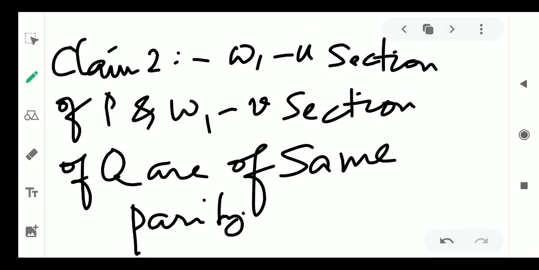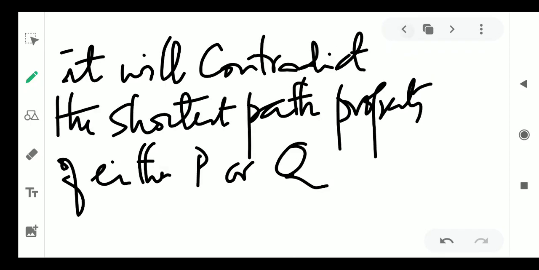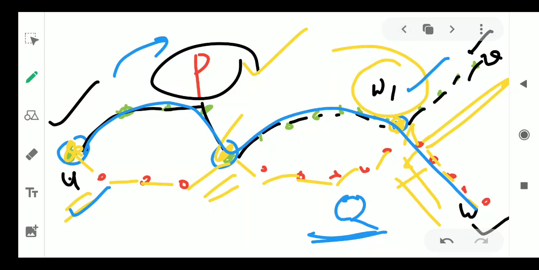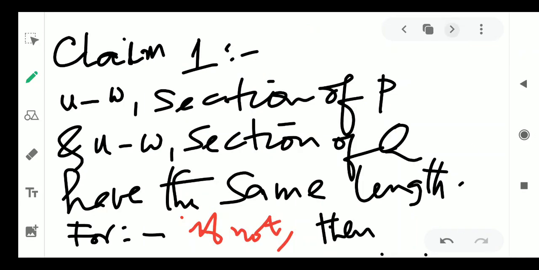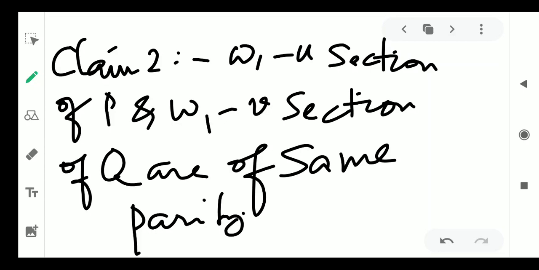That's the first claim. The second claim is that now we have the remaining section. That means the W1V section. Let us go to the picture again. This is the W1V section, and this is the W1W section. This is V, and this is W. The W1V section of P and the W1W section of Q are of the same parity, not the same length.